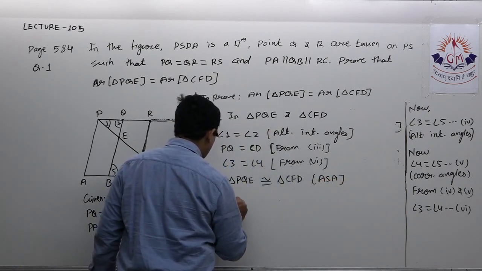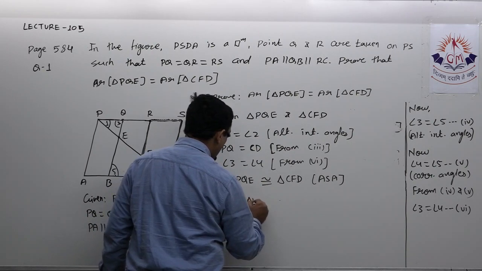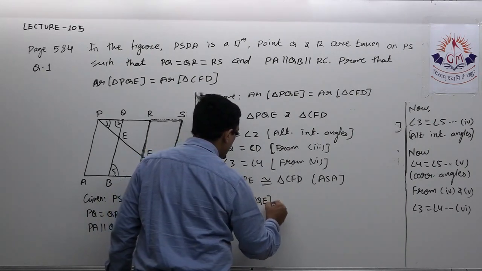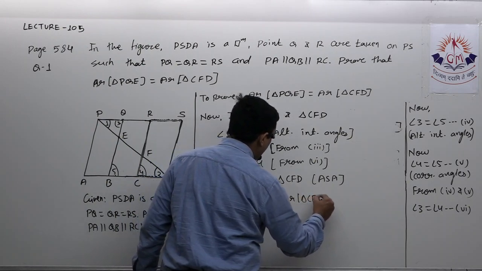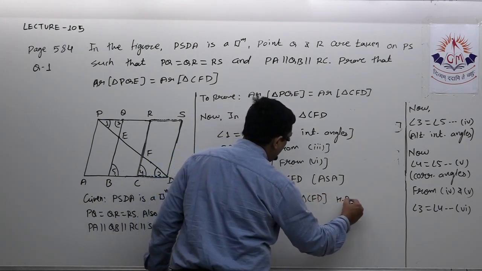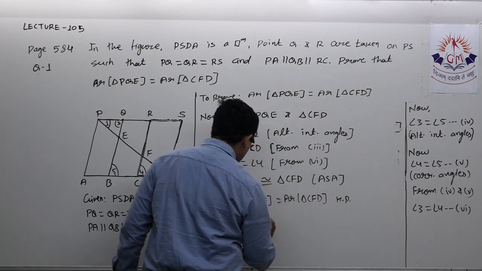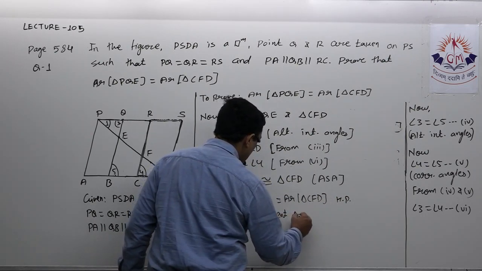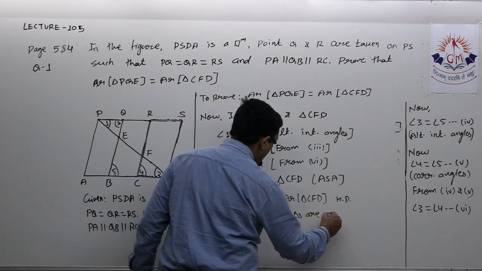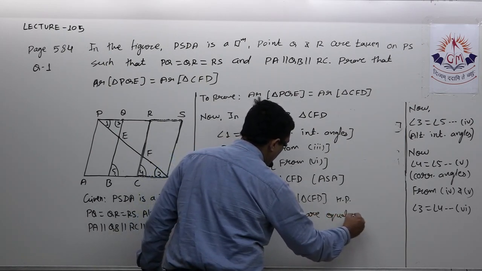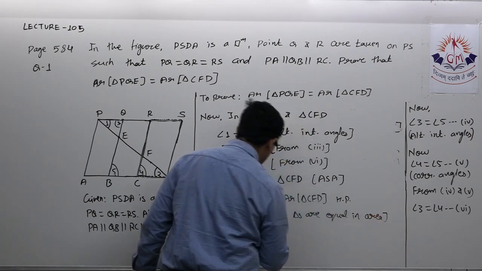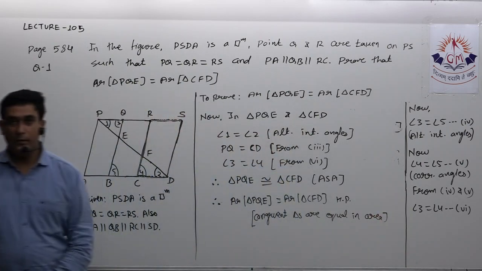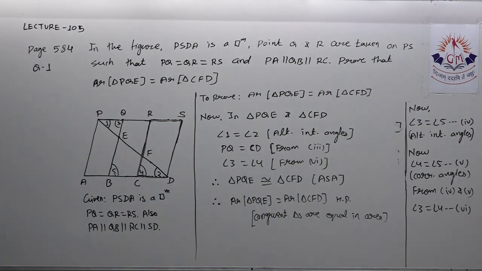Therefore I can say area of triangle PQE is equal to area of triangle CFD. Hence, the reason I can write: congruent triangles are equal in area. Triangles which are congruent are equal in area. So note it down. Then we come to the next question.